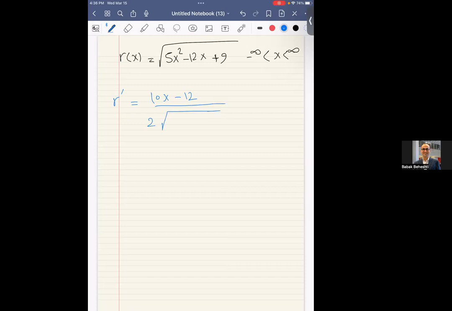Recall that the derivative of the square root of u is u prime divided by 2 times the square root of u. So r prime is 10x minus 12, the derivative of the inside, divided by 2 times the square root of the original expression.